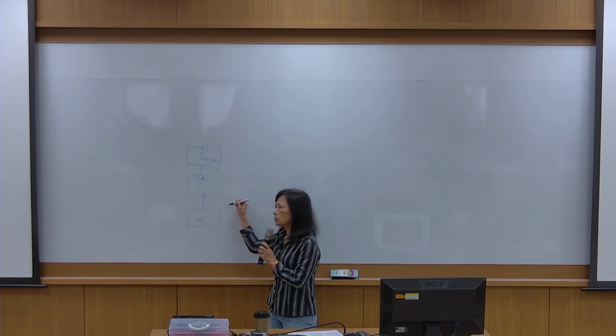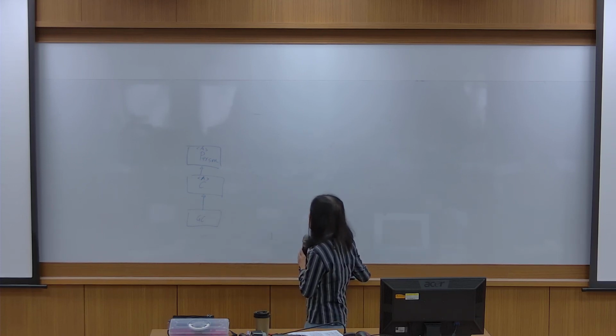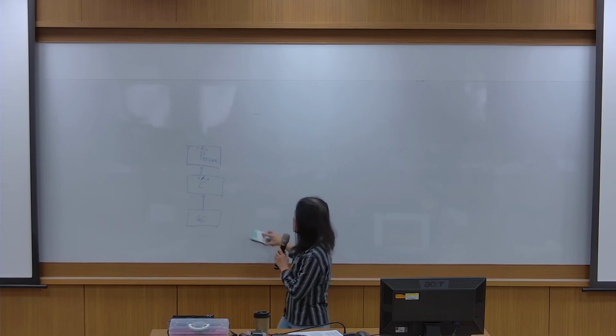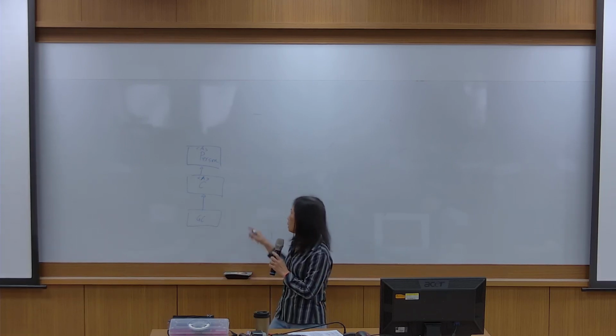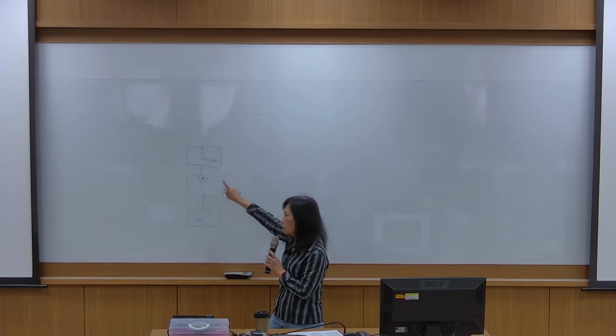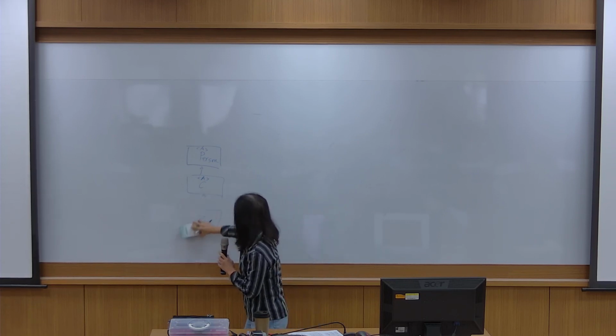Why? Because it's an abstract class and it didn't need to implement. Okay, it needs to be implemented by the children. So whenever it's abstract, it cannot be new, right? Yes. Okay, all right.